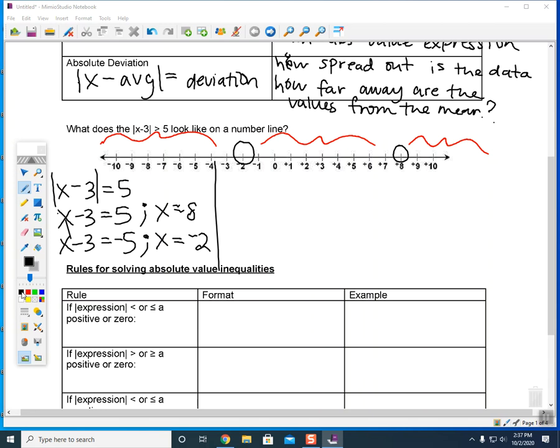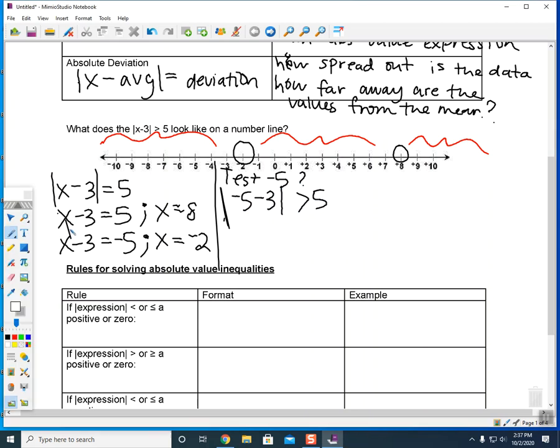So to the left of my negative 2, let's test negative 5. If I test negative 5, I'll have the absolute value of negative 5 minus 3. I want to know, is that greater than 5?